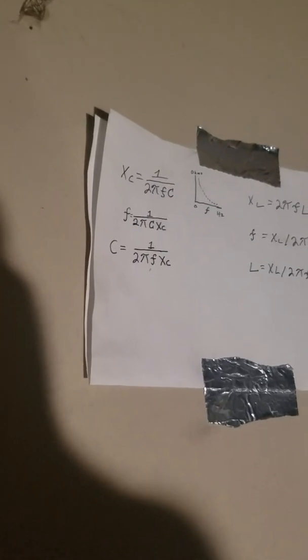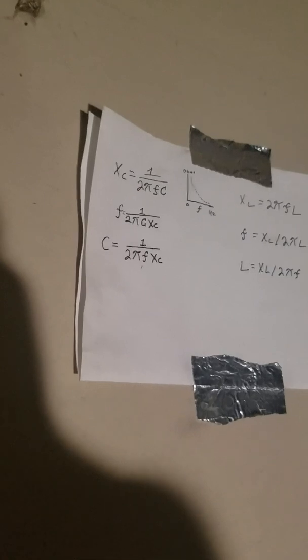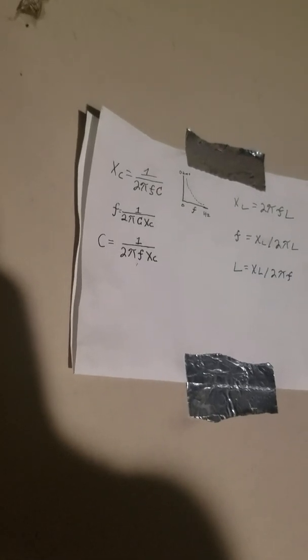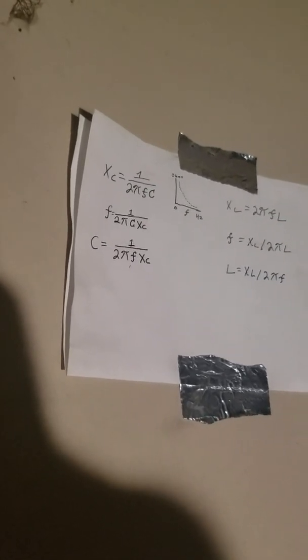So it will be 1 over 2 pi, which is 6.28, times frequency in hertz, times capacitance in farads. Always convert to farads when you use this formula. You don't do it in nanofarads or microfarads or picofarads. It will not work. However, you can convert it in the end if you choose to do it that way with another formula.